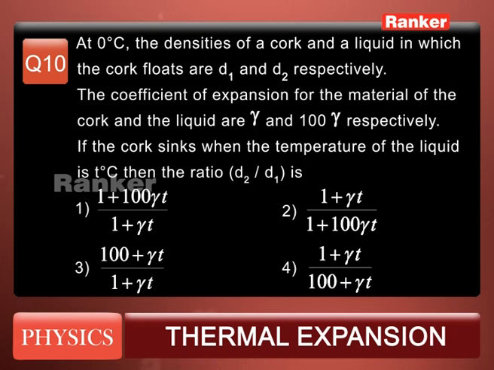If the cork sinks when the temperature of the liquid is T degrees Celsius, then the ratio of D2 by D1 is: first option, 1 plus 100 gamma T by 1 plus gamma T. The second option, 1 plus gamma T by 1 plus 100 gamma T. Third option, 100 plus gamma T by 1 plus gamma T. Fourth option, 1 plus gamma T by 100 plus gamma T.